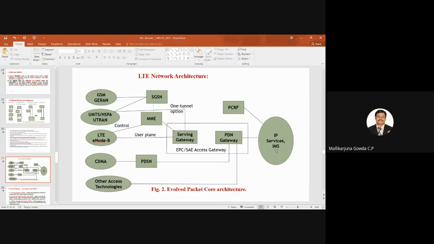Okay, IMS is what? Anyone can say what is IMS? See, you people are using this VoLTE service, right? That is voice over LTE, because LTE is basically for data, but voice is also supported. So that voice support is provided by IMS. So I'm asking you to say what is the expansion of IMS?